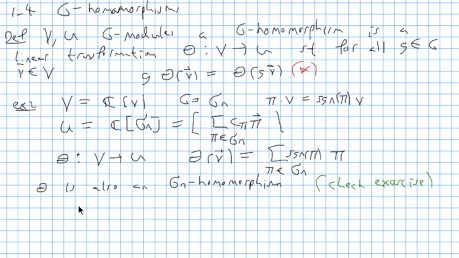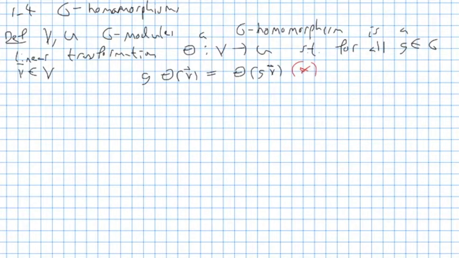Good, let's move on. If I have a G homomorphism that's one-to-one and onto, it's called a G isomorphism.